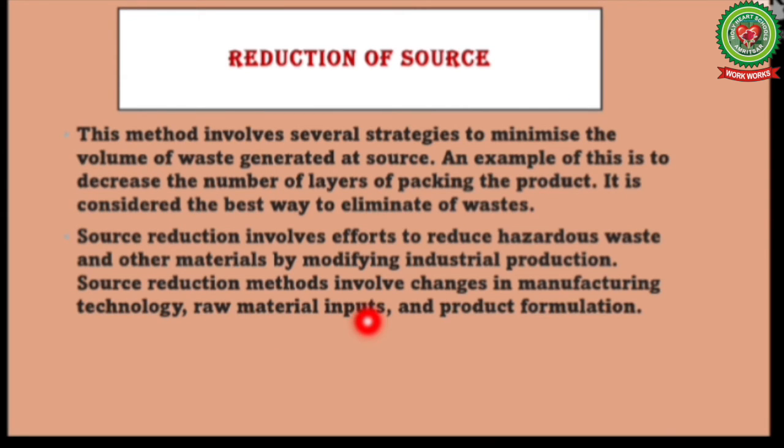First, discussing the reduction of source. This method involves several strategies to minimize the volume of waste generated at source. An example of this is to decrease the number of layers of packing the product. It is considered the best way to eliminate the waste.